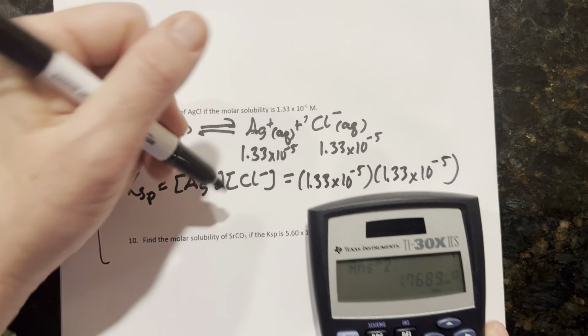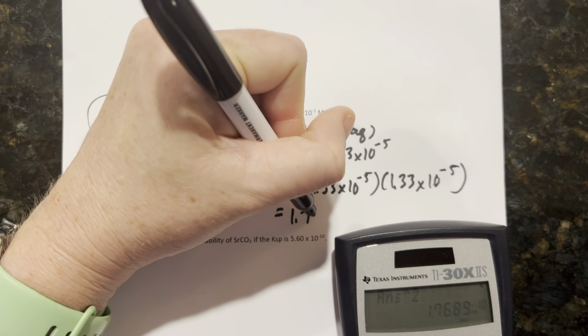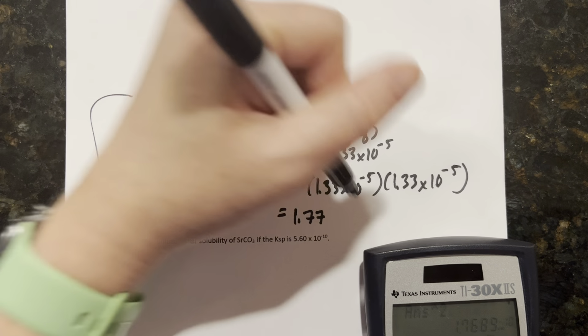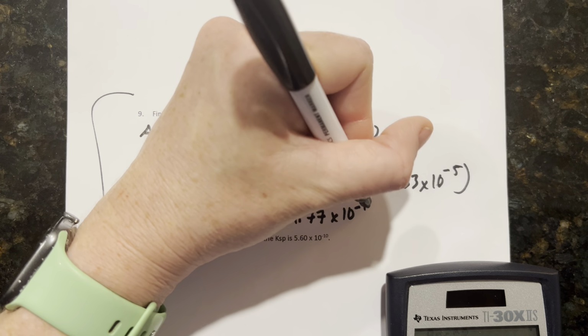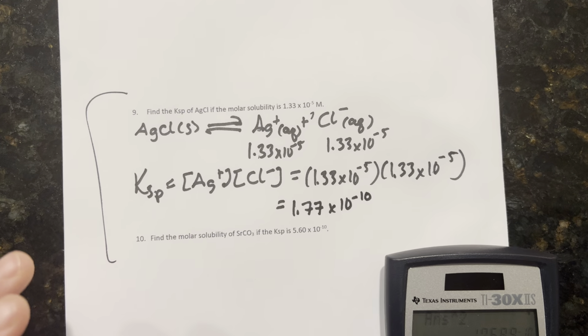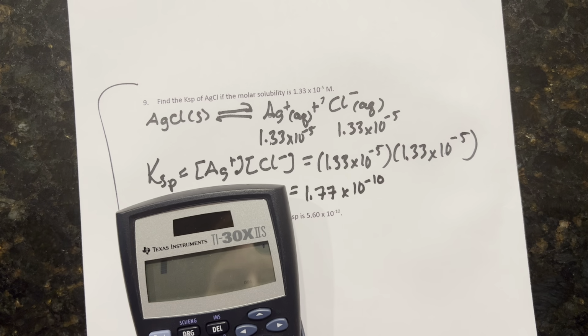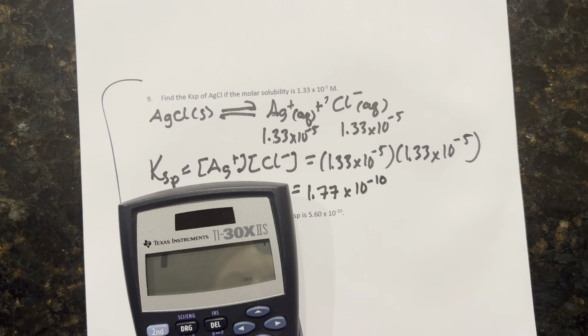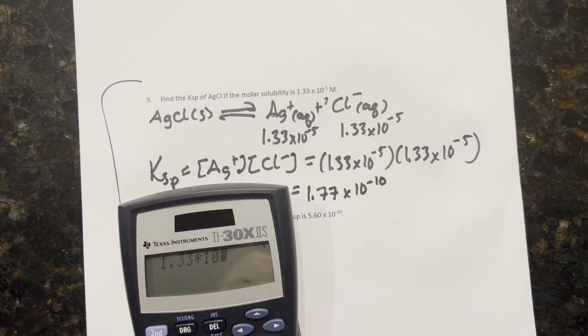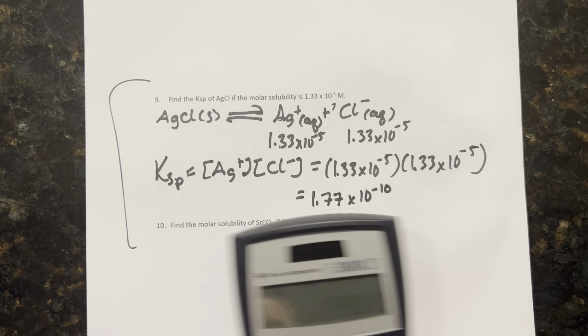And I get an answer of 1.77 times 10 to the negative 10 for the KSP. It works just like an equilibrium constant. Okay, I'm going to do it one more time just in case I messed up. 1.33 times 10 to the negative 5, squared again. Perfect. I get the same answer.